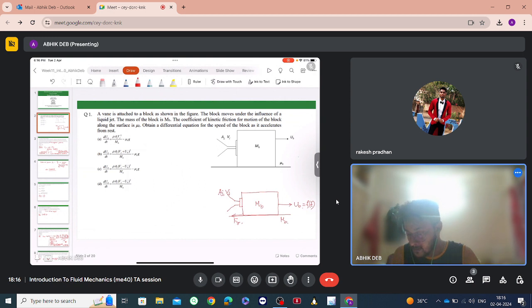Okay, so for this we consider a control volume that is moving with the block itself.